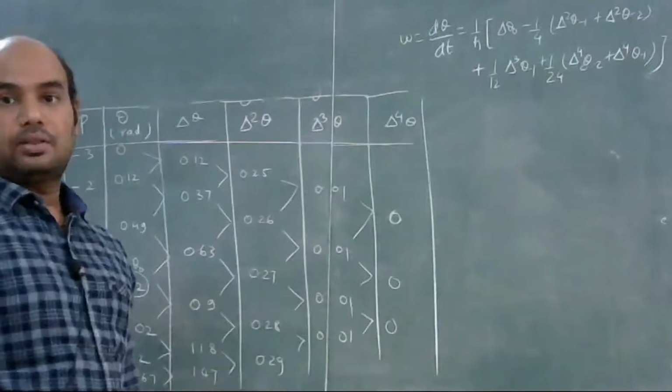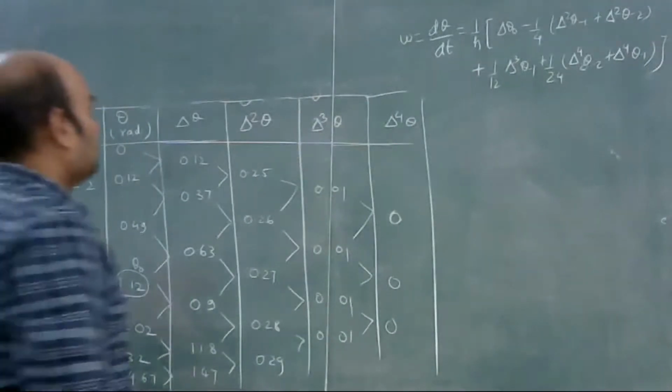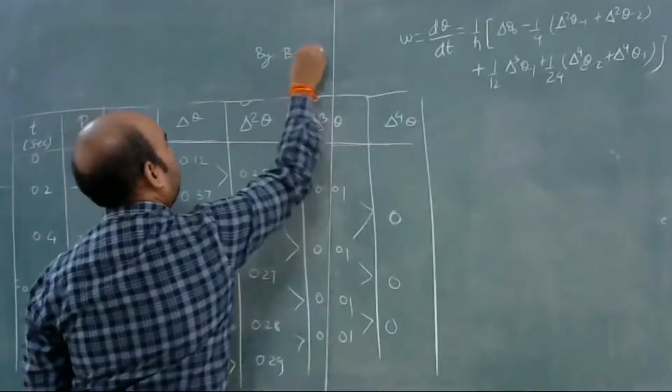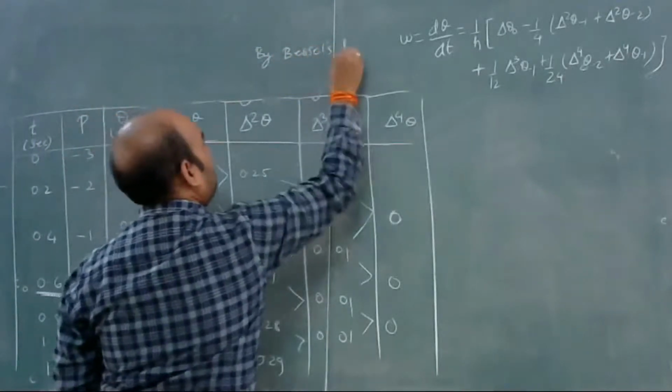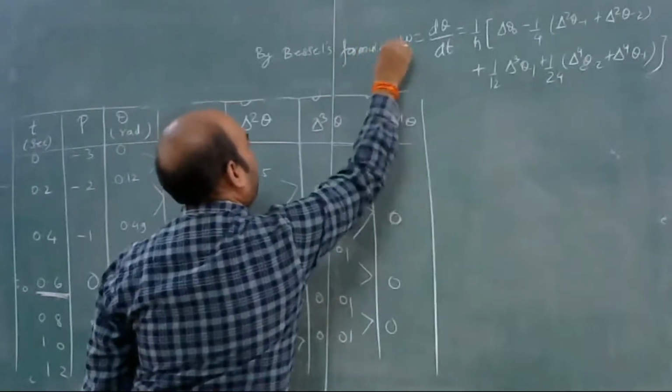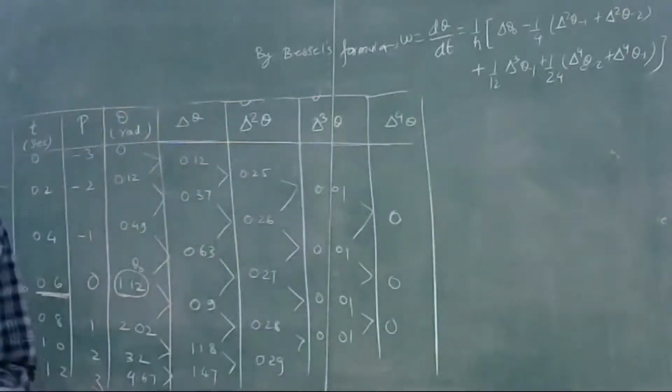So by Bessel's formula, we can find the angular velocity by using this formula.